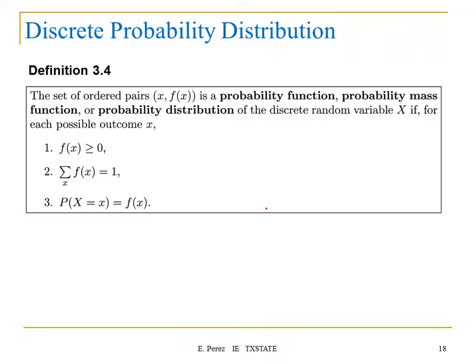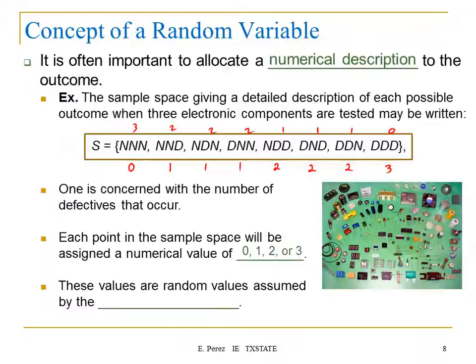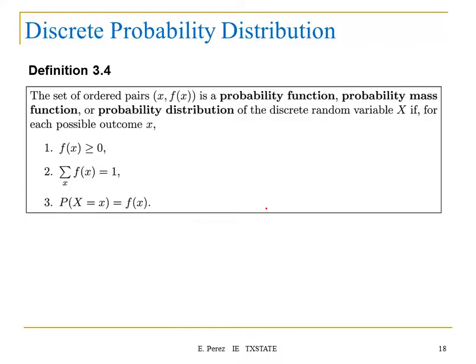Second condition, the sum of all the probability values always equals 1, and the probability of that random variable being equal to a value x is always equal to the value of that x evaluated in the function. Okay, so these are the conditions that are necessary to define a probability distribution for the discrete random variable.